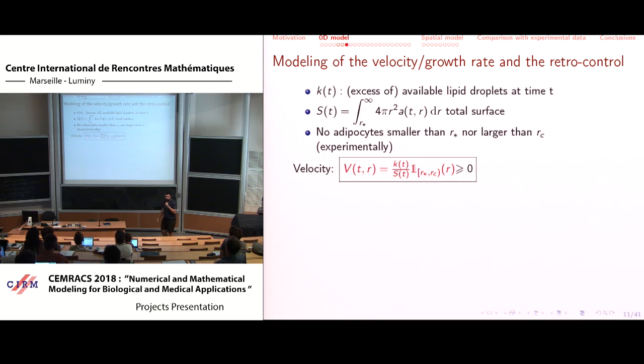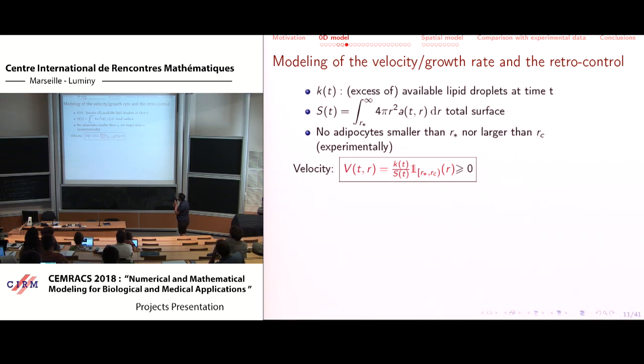To finish with, I have two last functions to describe. The velocity here depends on K of t, which is the excess of available lipid droplets at time t, and S of t, which is the total surface of all adipocytes. Because you can easily understand that the larger an adipocyte is, the more it will receive droplets.